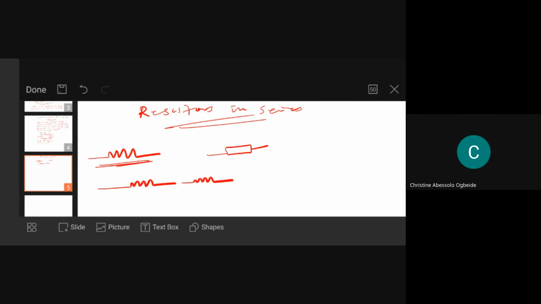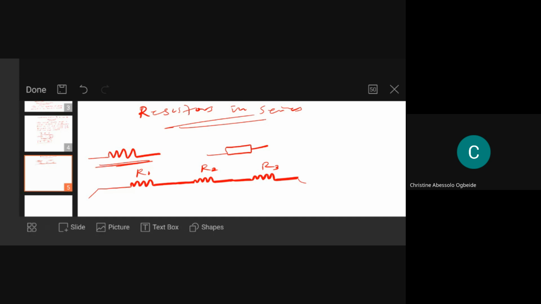If I want to connect these resistors in series, all I'm going to do is join this end to this other end, such that I have one end as an outlet that will run into the circuit, and this point becomes the other outlet. So resistor 1, resistor 2, and resistor 3 are connected in series.